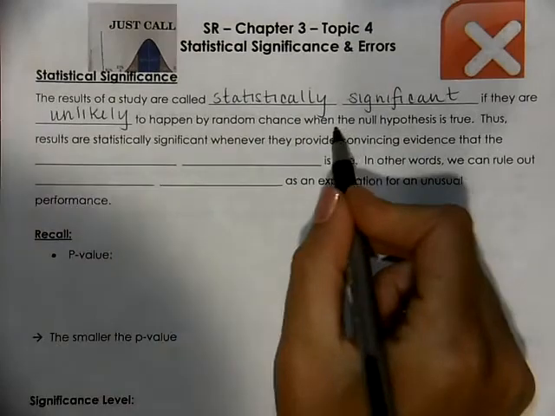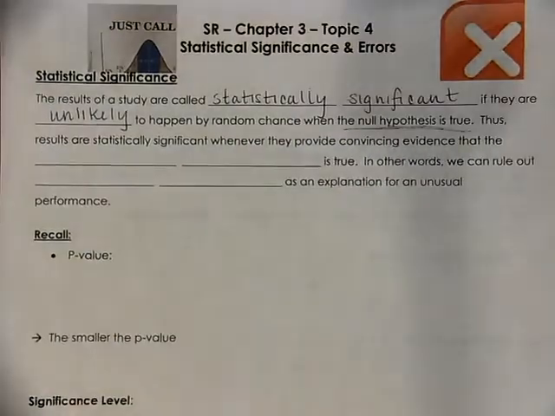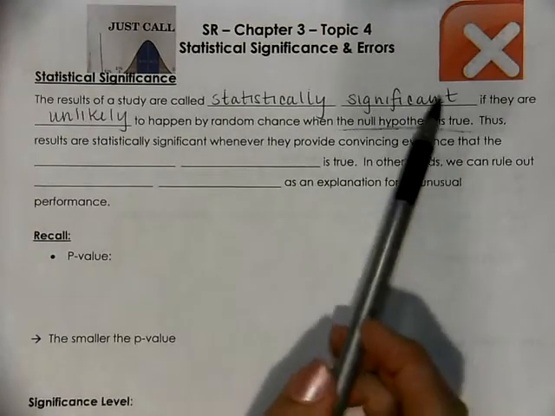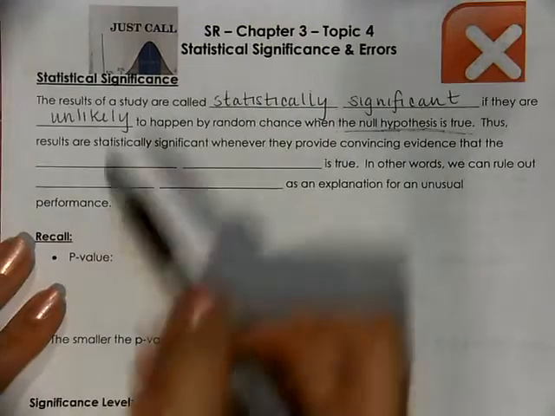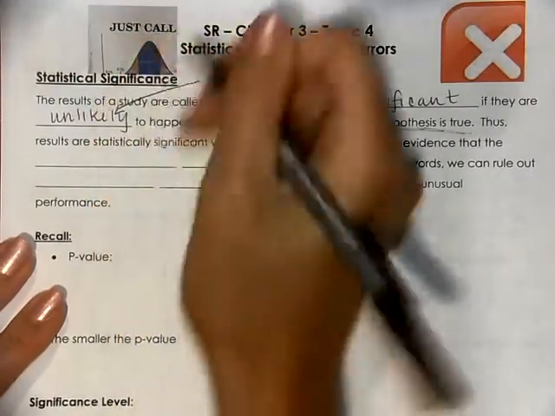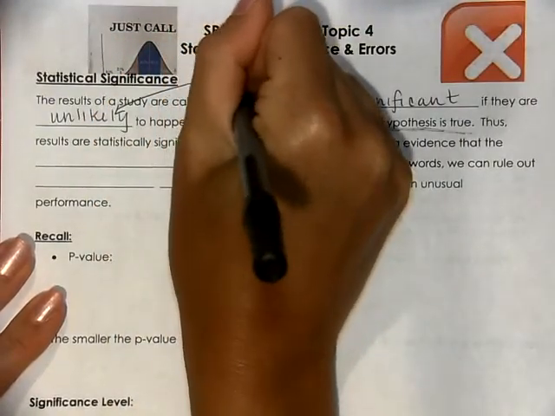We say this because when we start every hypothesis test, we always go in assuming the null hypothesis is true. So if results are statistically significant, that means they're unlikely to happen by random chance, so that means we get a low p-value.